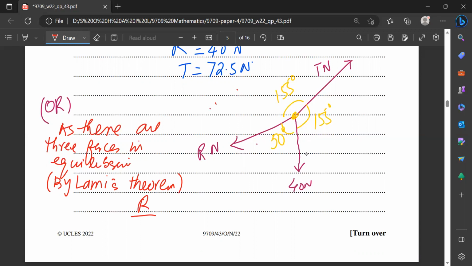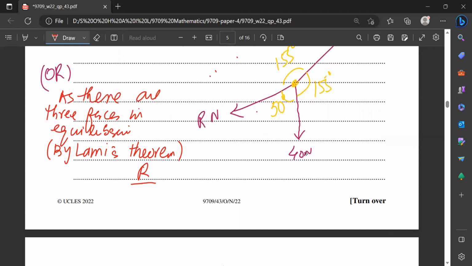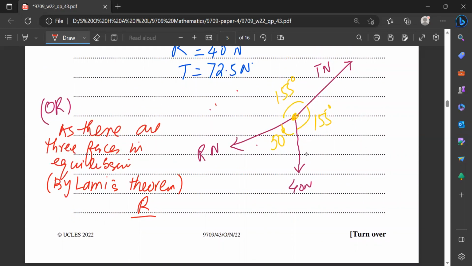If R, the other two forces are T and 40, the angle between T and 40 is 155. R over sine of the angle between the other two forces is equal to 40 over sine of the angle between the other two forces, which is T and R.